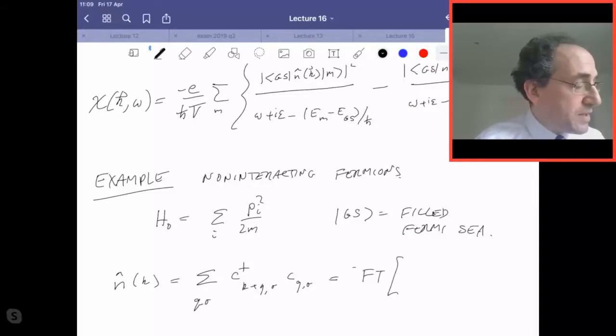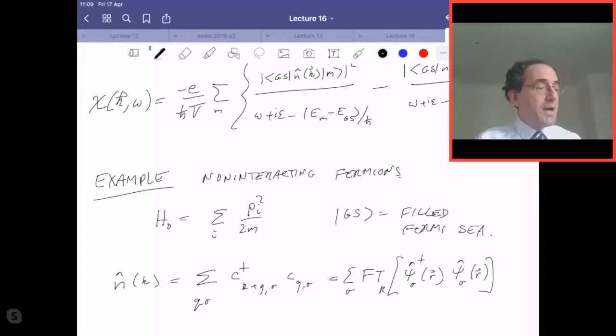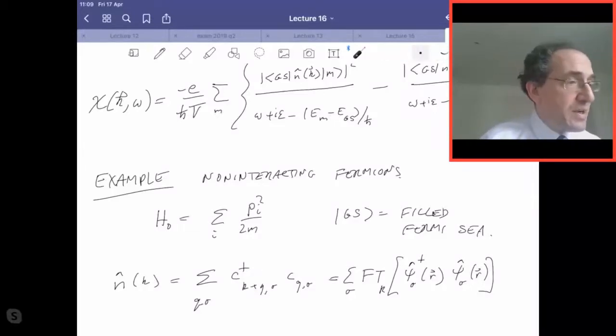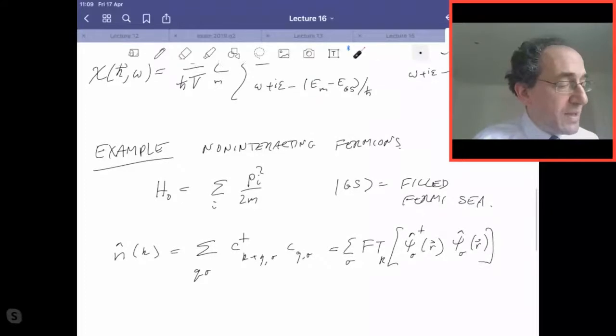It's the sum over sigma, Fourier transform at wave vector k of psi dagger sigma of r, psi sigma of r. So when we played with second quantization for bosons, we derived exactly this expression for the density operator at wave vector k.